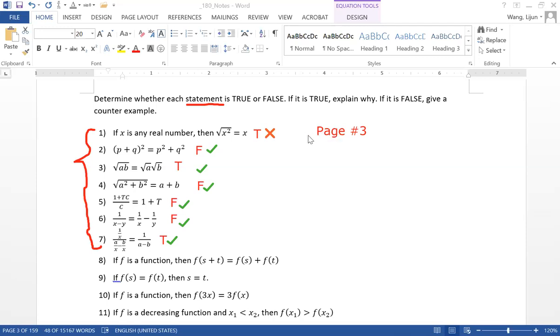It's absolutely critical why this is a false statement. So we're going to start from there. Are you ready? Yeah.